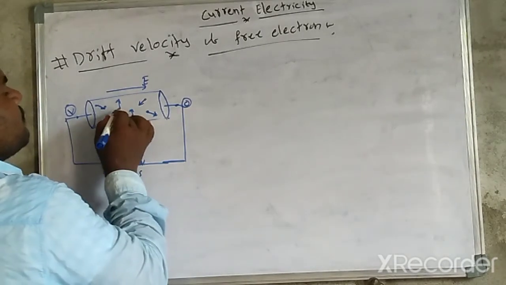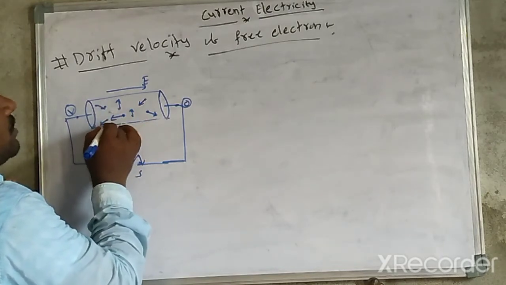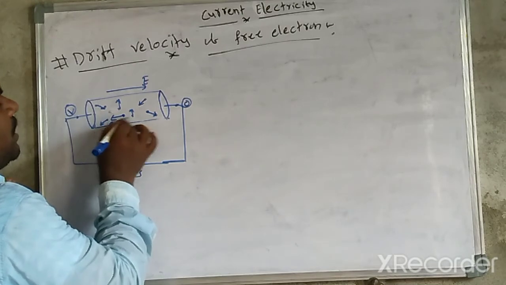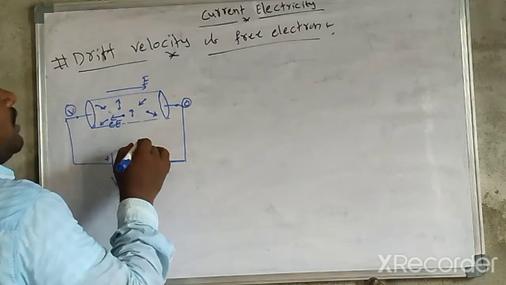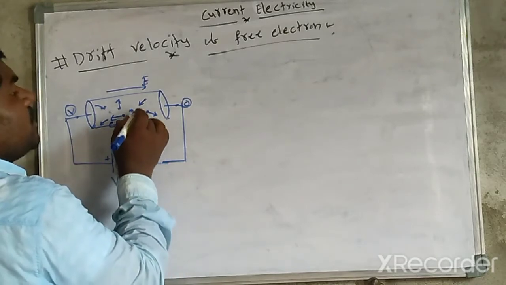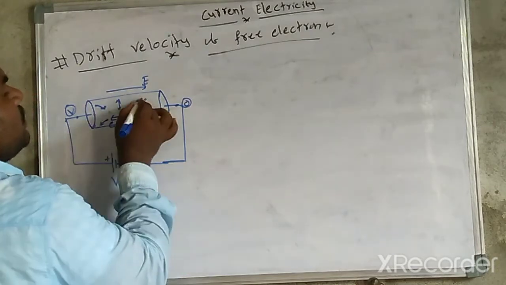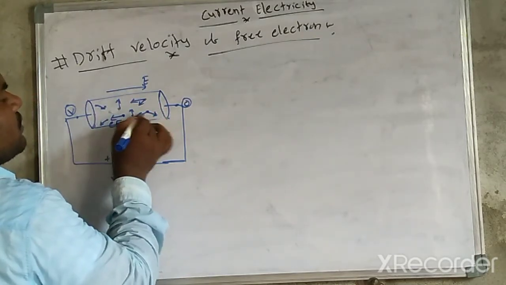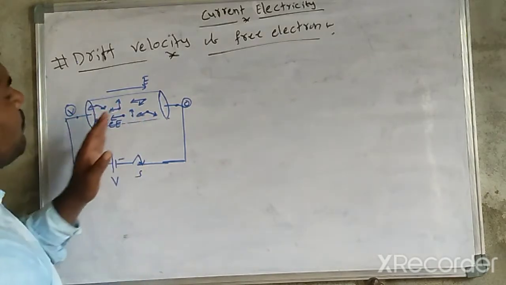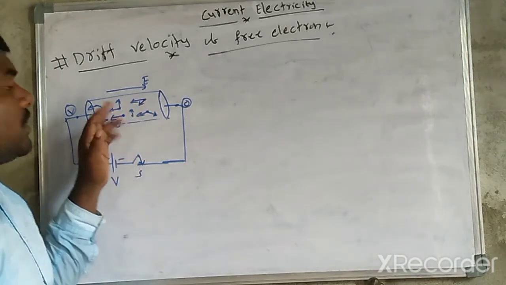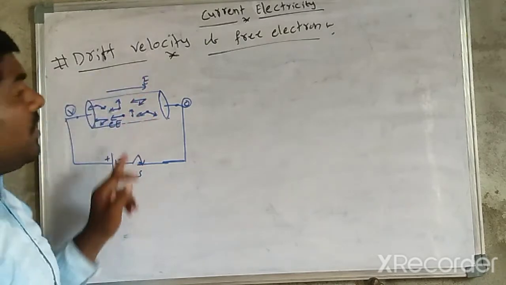The force is e into E, small e times the field E. So all the remaining electrons also tend to move in the same direction, opposite to the electric field direction. All the electrons move towards the positive side of the battery.